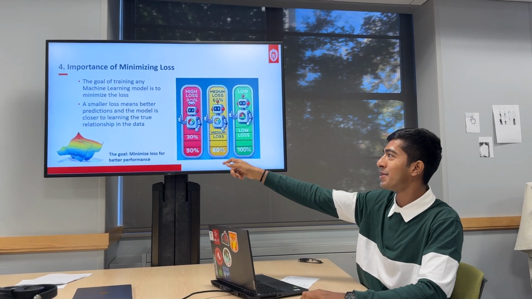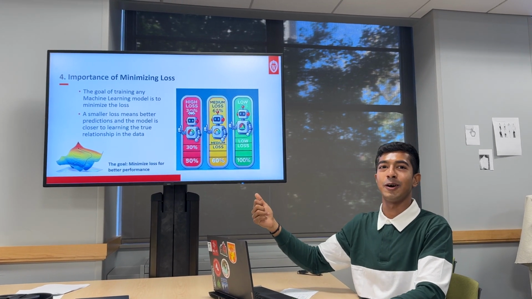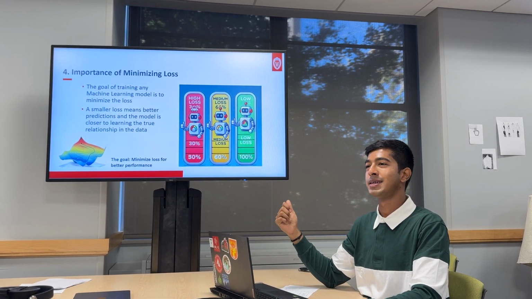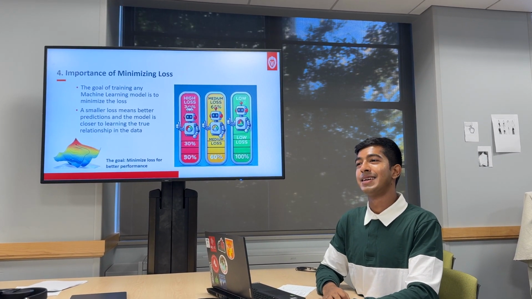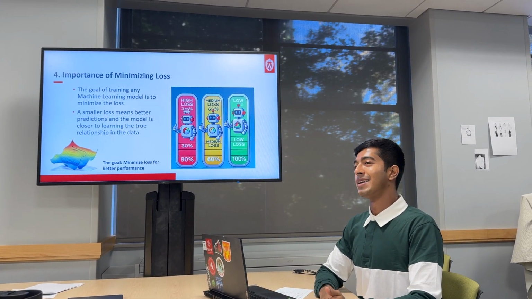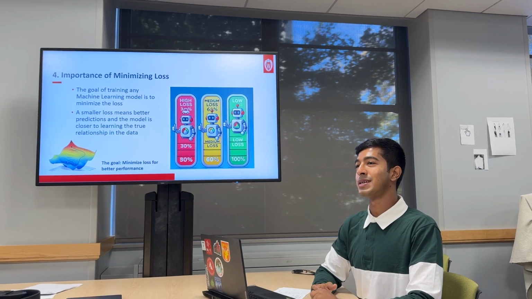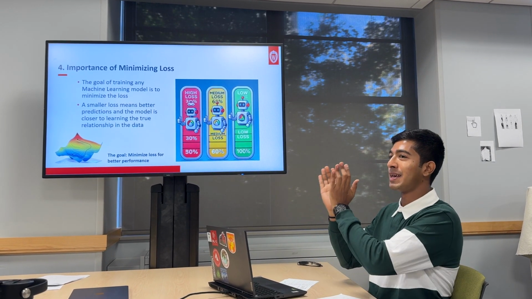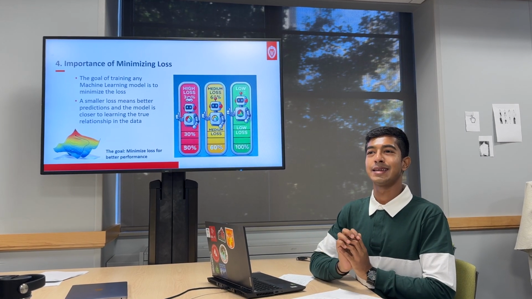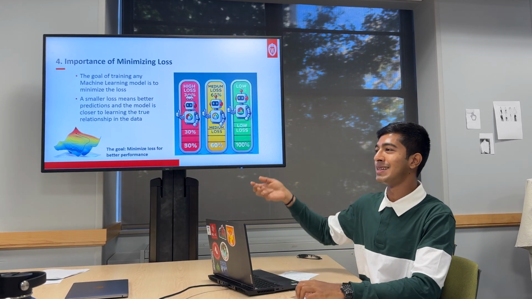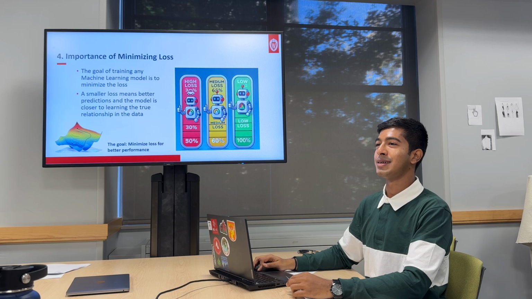So does anybody know how we do that? What's the optimization algorithm called? Just a guess? Is it cross entropy? Not quite. That's a type of loss function. But once we have a loss function, how do we minimize that? Okay, I'll give a hint that it's like rolling a ball downhill.